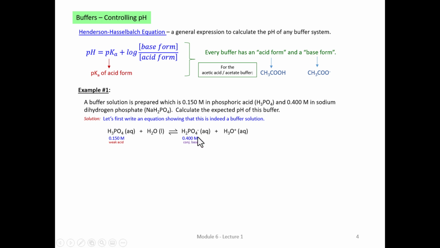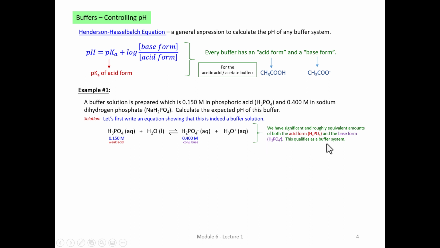Our conjugate base, of course, is our base form. And as before, sodium ion is a spectator here. We're just using the anion from this ionic compound that was added. So we have significant and roughly equal amounts of both the acid form, that's the phosphoric acid, and the base form, dihydrogen phosphate. That means this qualifies as a buffer system.